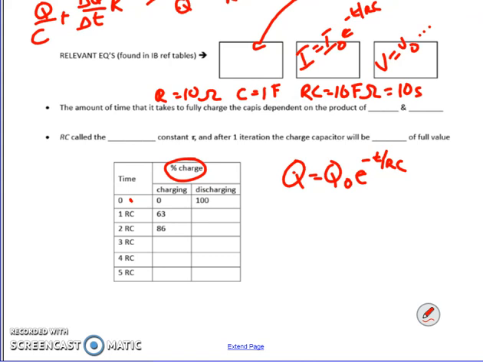So if our circuit's R times C is 10, then what that's saying is after 10 seconds, I'll have Q equals Q naught e to the negative 1. And e to the negative 1 turns out to be 0.37. Long story short, if my time is equivalent to 1 times the resistance and capacitance of that circuit, then I'll have 37% of my charge left.